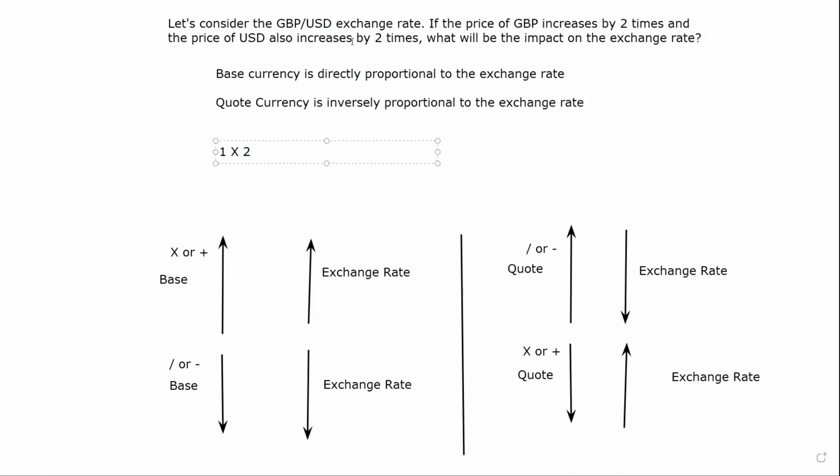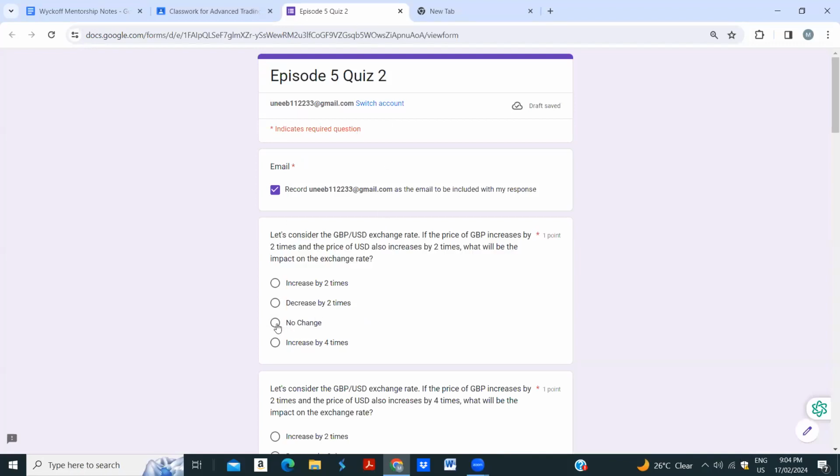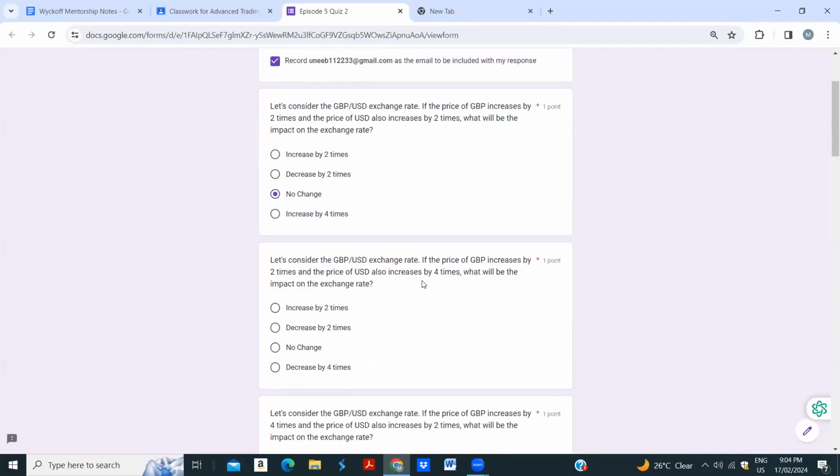And the quote currency, which is USD, is also increasing by 2 times, so we're going to divide by 2. What will be the answer? 1 multiplied by 2 divided by 2, the answer would be 1. So there will be no change in this situation. What will be our answer? No change.